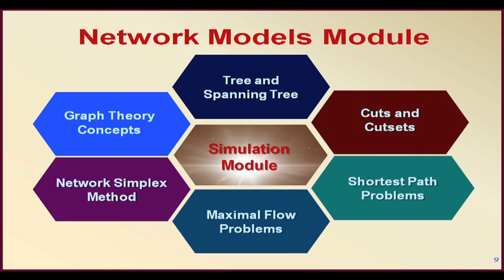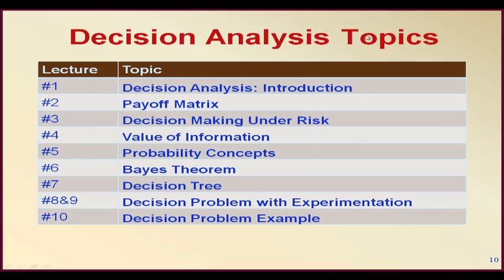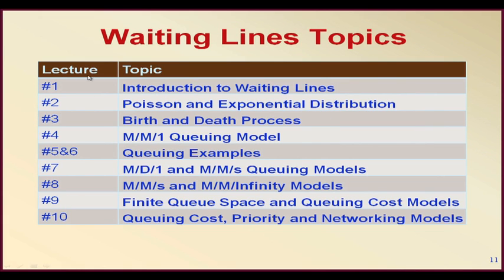So, these are our 4 modules, and in the detailed lecture-wise syllabus, you can see that there will be 10 lectures on the decision analysis topics. There are 10 lectures on waiting line topics, starting from introduction to distributions to M/M/1 and finite queue space and queuing cost and so on.